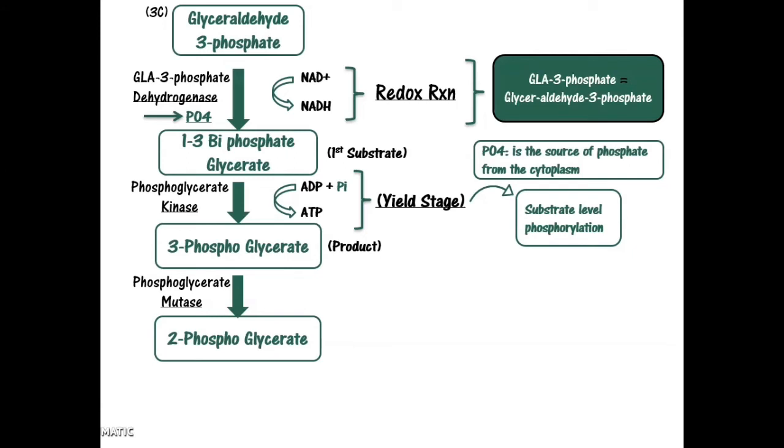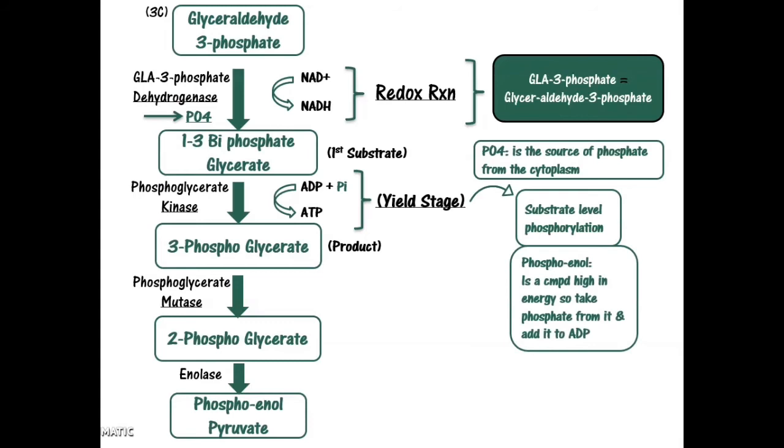After producing the 2-phosphoglycerate, an enzyme named enolase will convert it into phosphoenolpyruvate. Phosphoenolpyruvate is a compound high in energy, so we will take from it a phosphate group and add it on an ADP molecule, yielding another energy molecule, ATP. Also here, the enzyme pyruvate kinase will be responsible for this addition and the conversion of phosphoenolpyruvate into pyruvate.